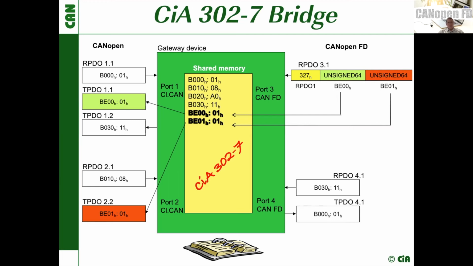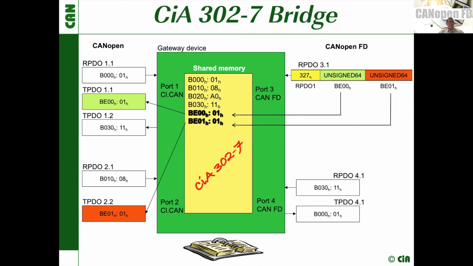We had this already for classic CANopen. It's the document CiA 302-7. For example, to allow the exchange of CAN frames, we could also use this for connecting classic CAN-based networks and CAN FD-based networks, or in other words, CANopen and CANopen FD environments.